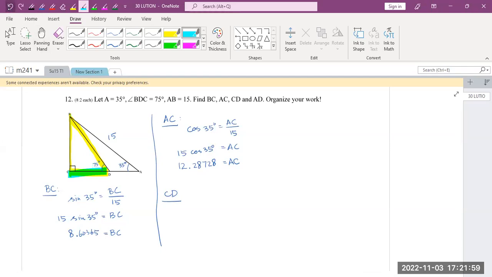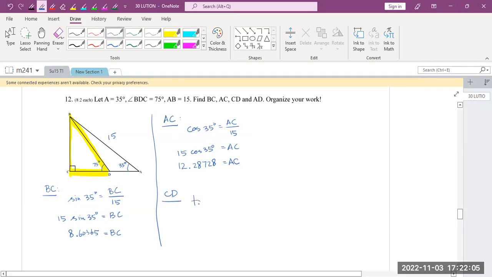That's tangent. So tangent 75 degrees equals BC over CD.